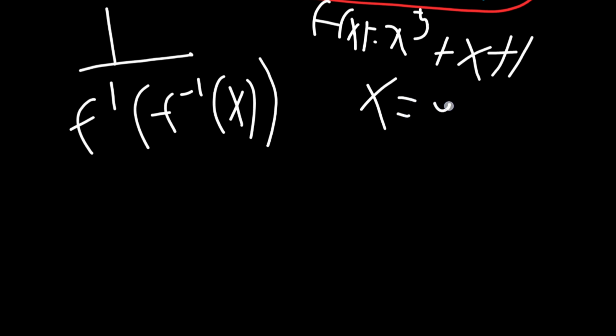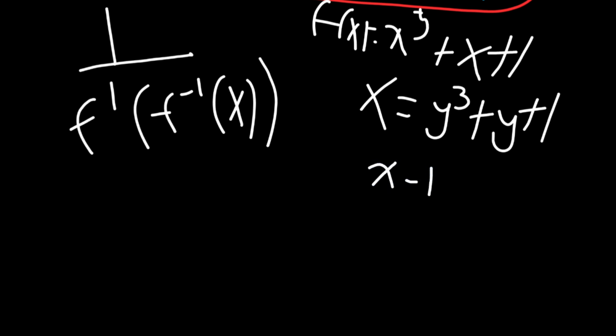We're going to have to switch it and isolate x minus 1, and we're going to run into a pretty big problem here, because it's just too much to really isolate the y.